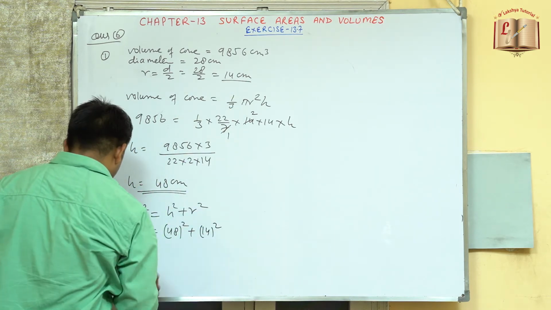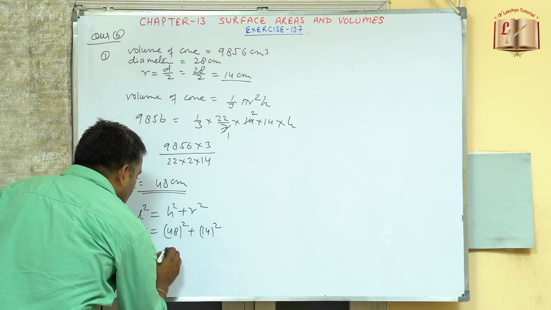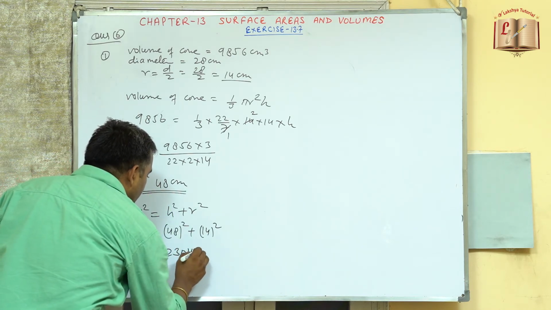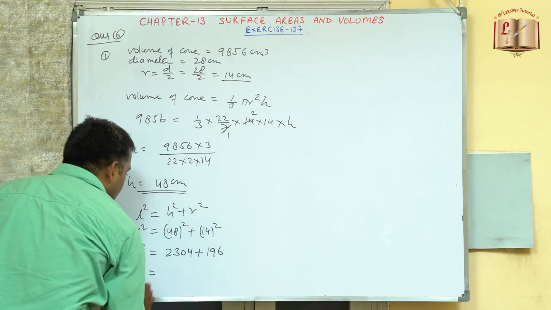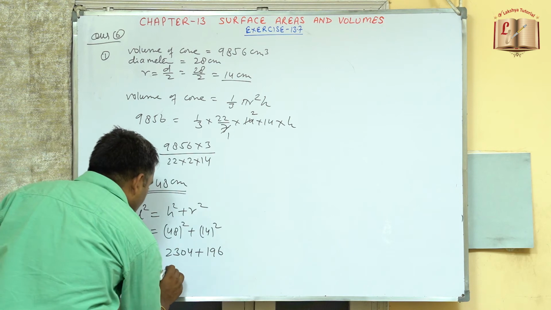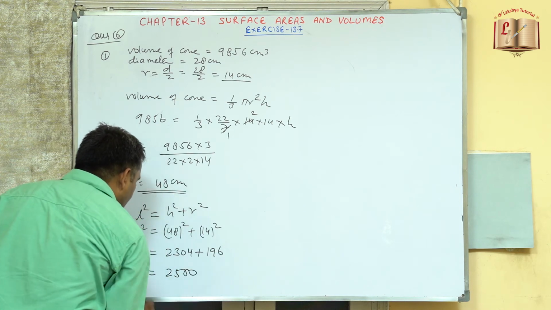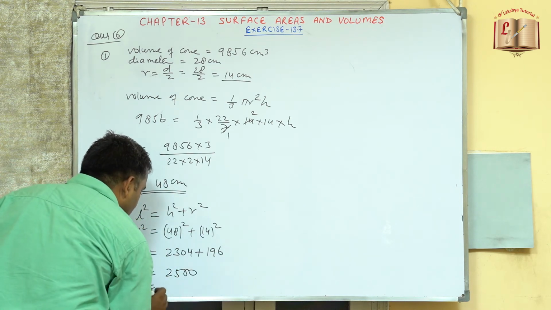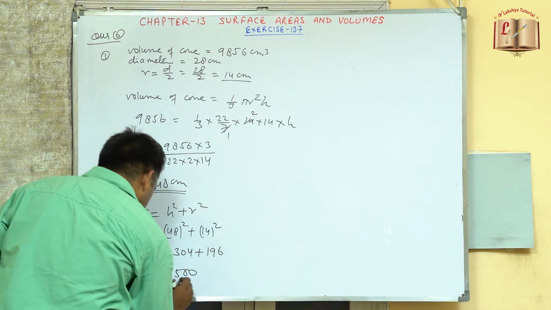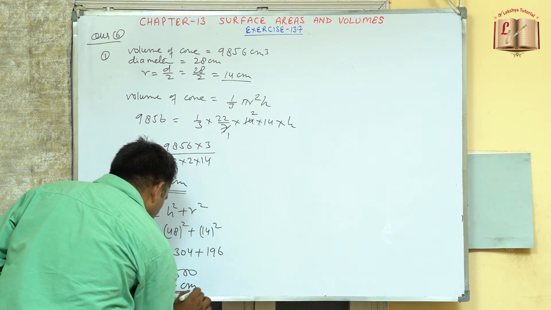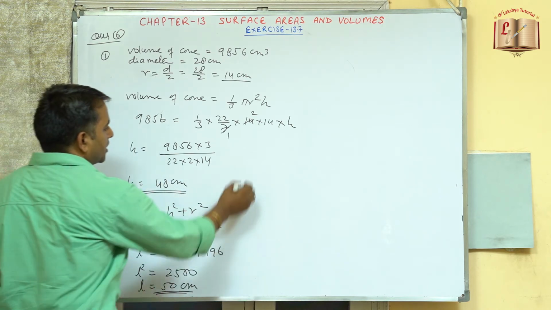So L square will be equals to now 48 square, this will be 2304 plus 196. So L square will be equals to, now if we add it, this will be 2500. So L will be equals to now 50 centimeters. So we got slant height as 50 centimeters.